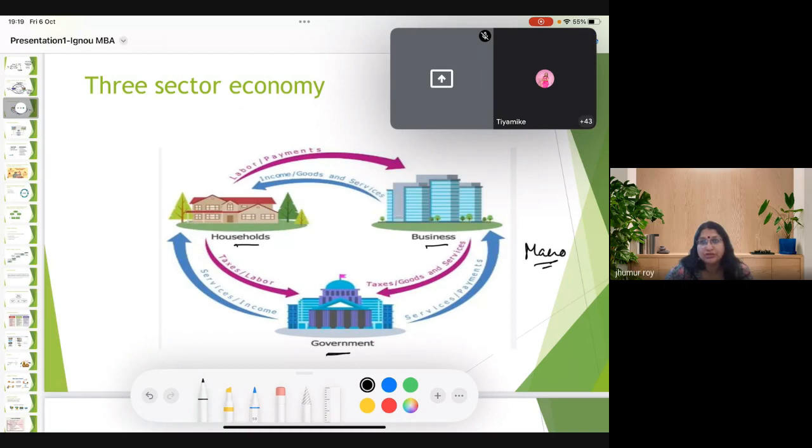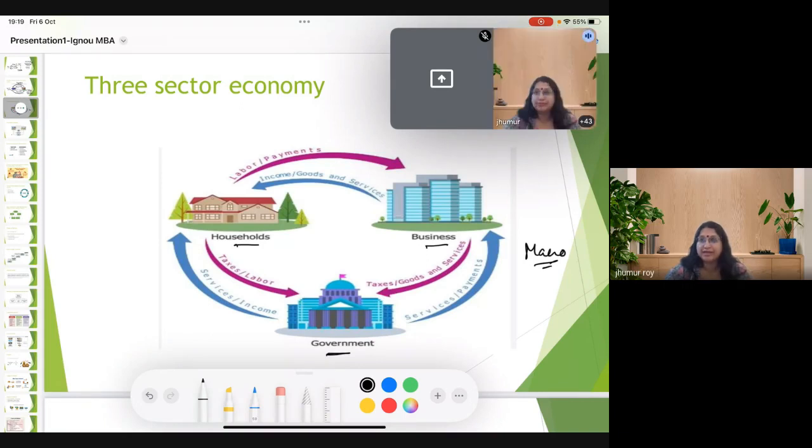What is the government doing? The government is trying to manage any kind of problems which might arise in the economy. Earlier there were goods and services and income going to households, and from here it was labor and factors of production going to the firms. But now what is happening? Now you have to pay taxes. The government starts charging you taxes.